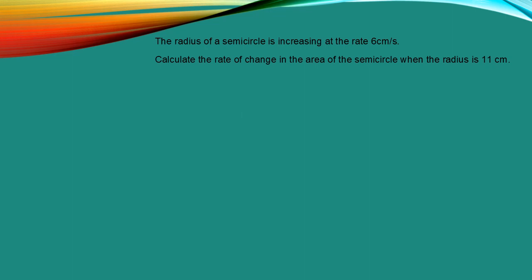Look at this example. This is a question involving a related rates problem. The radius of a semicircle is increasing at the rate of 6 cm per second. Calculate the rate of change in the area of the semicircle when the radius is 11 cm.